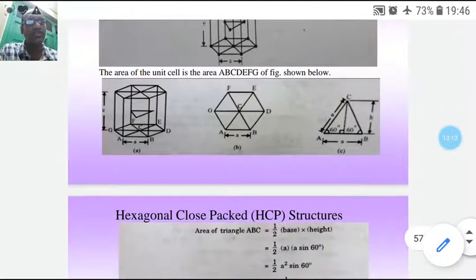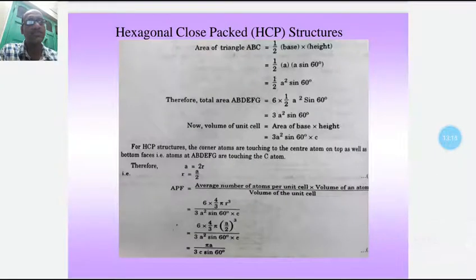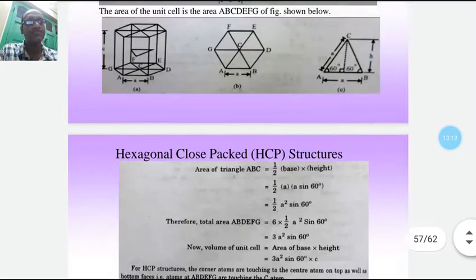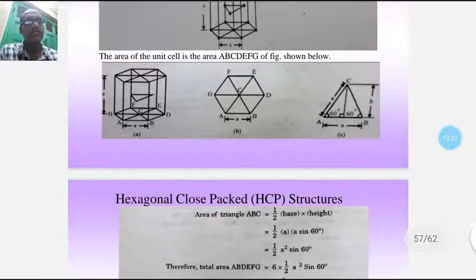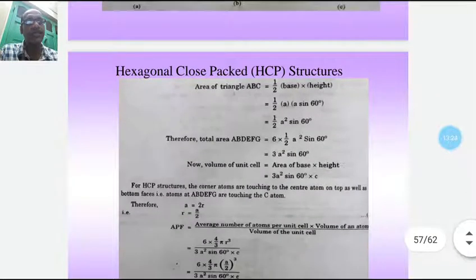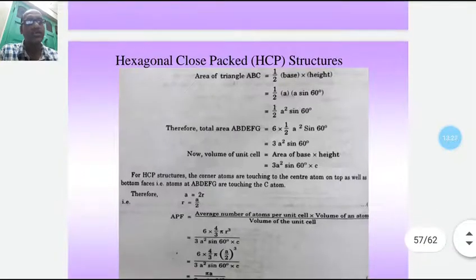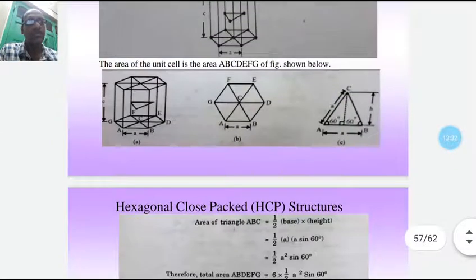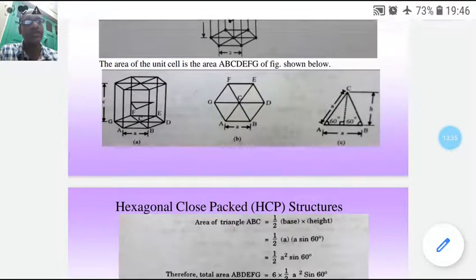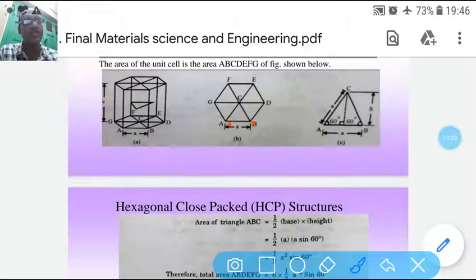So the lattice parameter a and the radius relation is a equal to 2r. The lattice parameter a is constant.